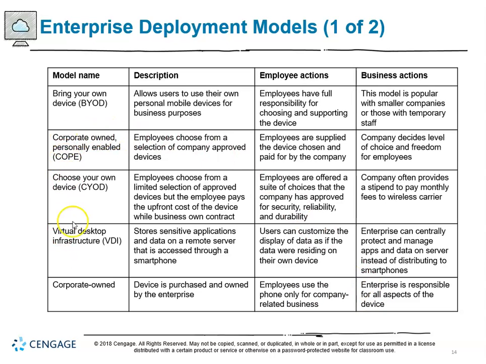In between these two extremes, though, you can see these hybrid models. The corporate-owned, personally enabled, in this scenario, the employees get to choose. There's a laundry list of approved devices that the company puts out there, and employees get to pick which model they want. So then they're supplied with the device that's been chosen and paid for by the company, but the company decides the level of choice and freedom.